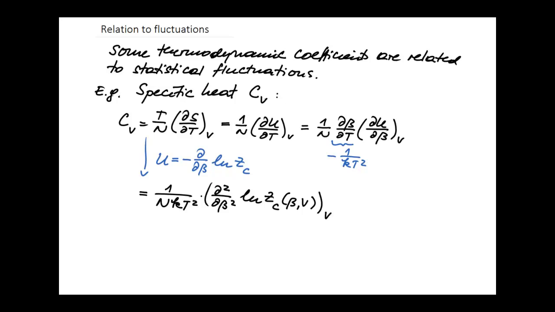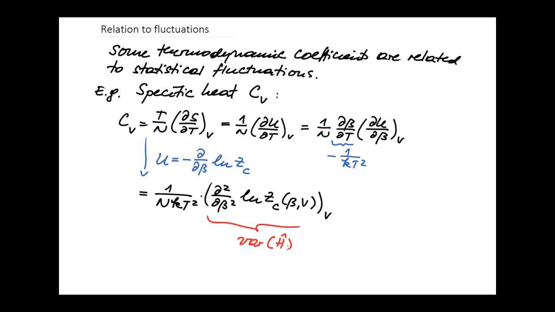And we had shown before that this second order partial derivative of the log of the partition function is the variance of the internal energy. So it's related to the size of energy fluctuations, statistical fluctuations of the energy.